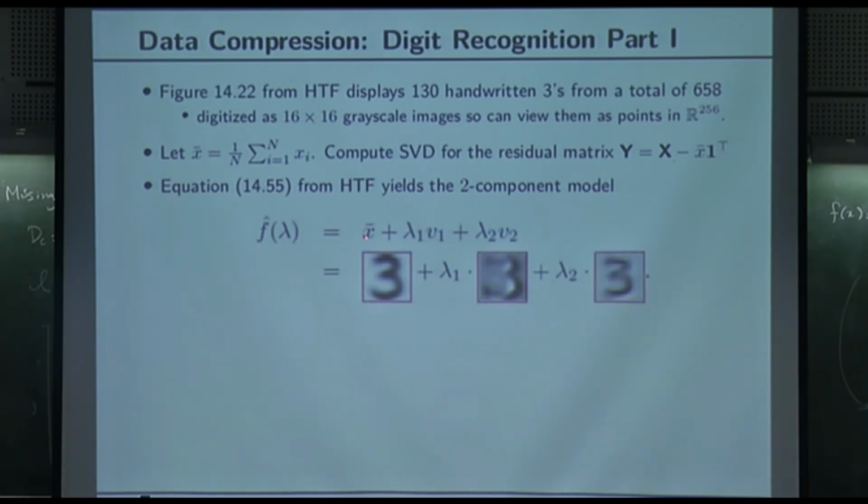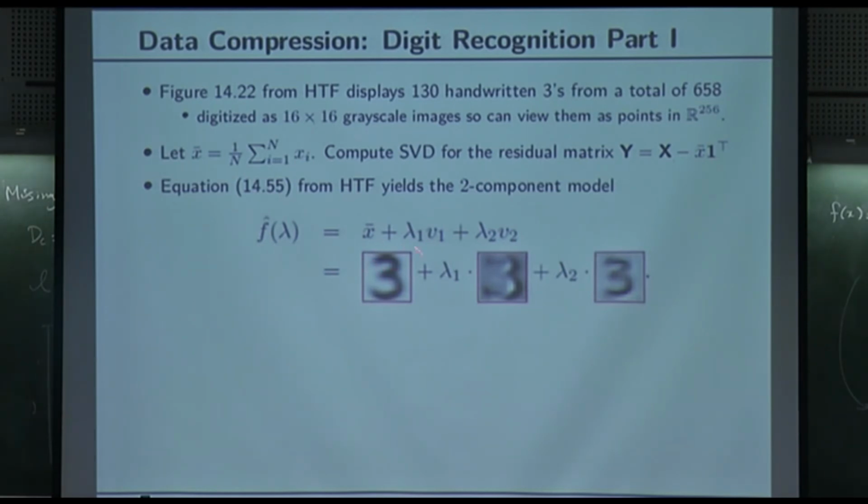So x bar is the mean, v1 is the first singular vector, v2 is the second singular vector, lambda 1 is the first singular value, lambda 2 is the second singular value. And you represent each of the vectors as a combination of these two singular vectors.